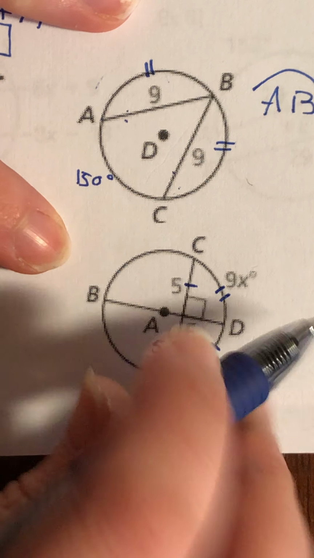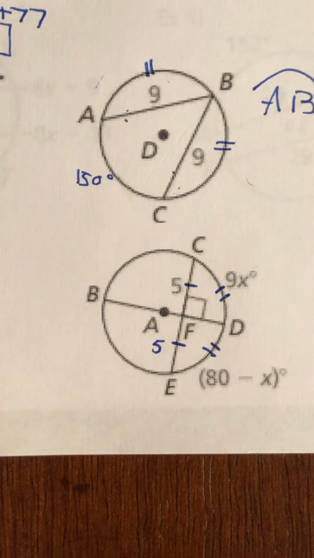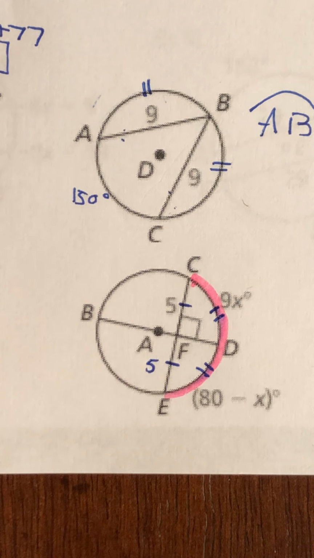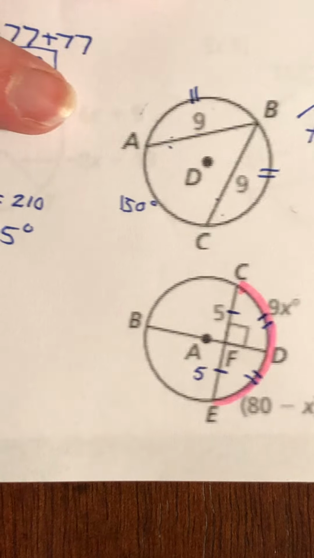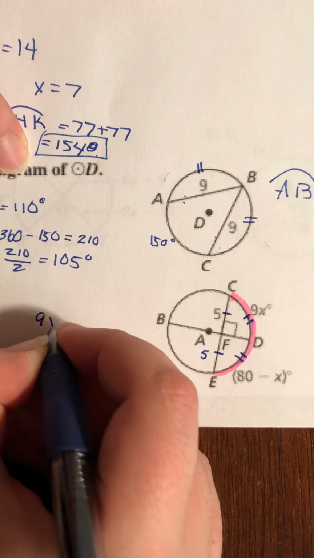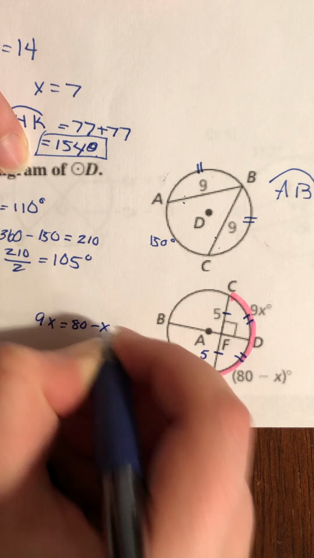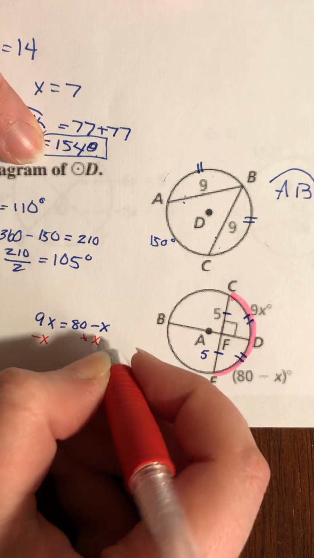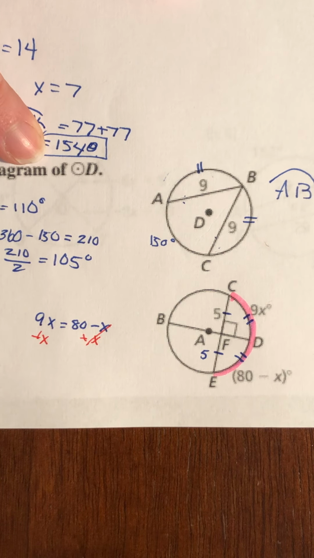And the arc CE, that's different. It's asking for this degree here. So again, we're going to set those equal to each other and plug in x. So I have 9x equals 80 minus x. Add x to both sides.